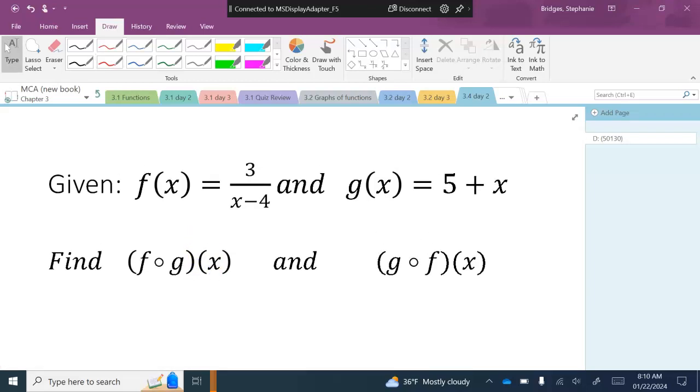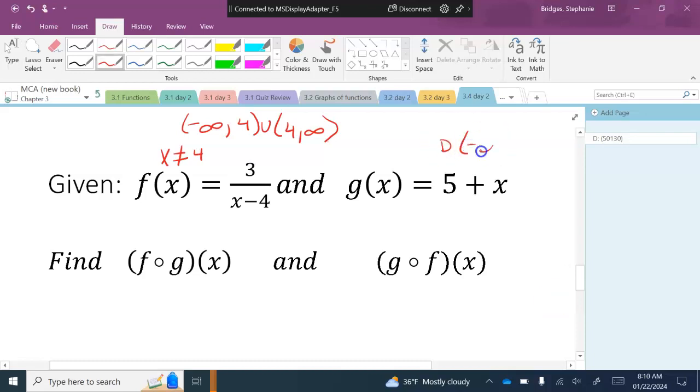Okay, so that domain, x cannot equal 4. So it would be negative infinity to 4, and then 4 to infinity. What about g? Does it have any restrictions? No. Okay, so that domain would be just all real numbers.